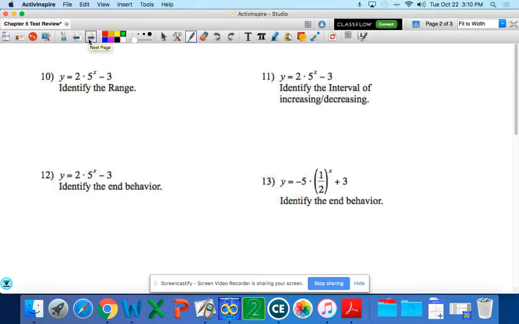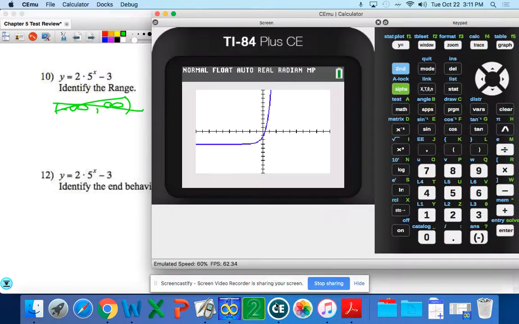Number 10 is trickier. 10 is identify the range, which means all the possible y values. Now, I guarantee you there's going to be an answer on there that says this, trying to get you. Take a look at the graph. This is certainly going to go up forever, but it's not going down forever in the traditional sense because it's getting capped by that asymptote.